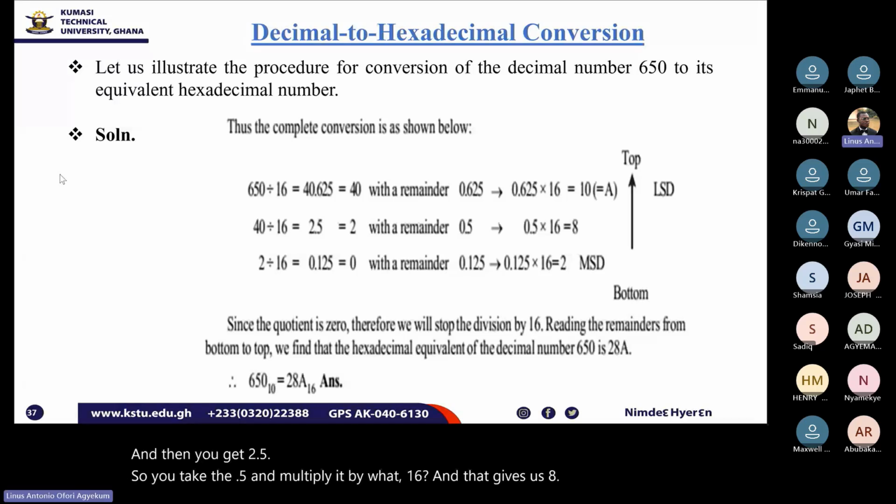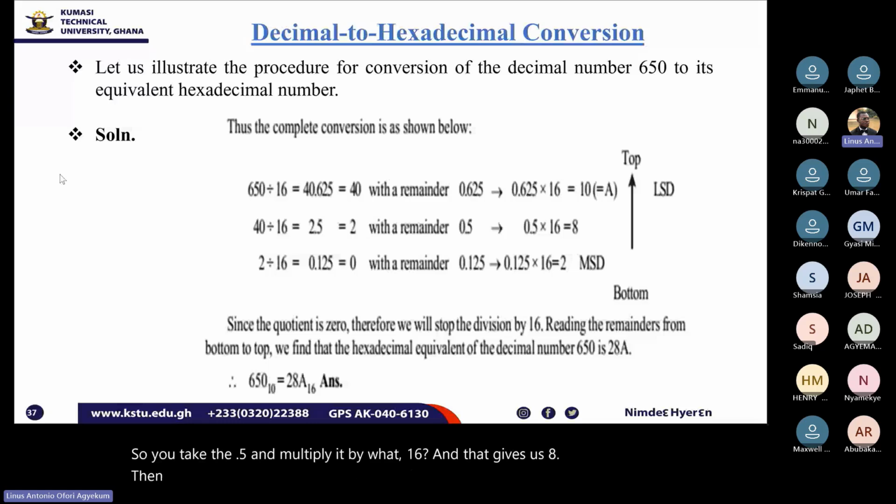Then we take the 2 and divide it by 16, and that gives us 0.125. When we multiply the 0.125 by 16, we get what? 2. And so our hexadecimal equivalent of 650 becomes 28A.